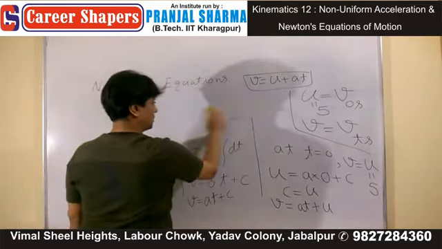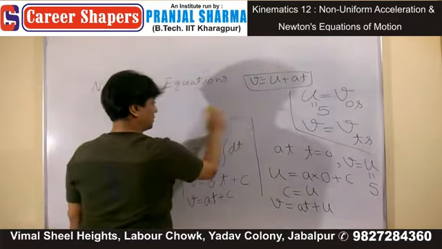Now let's see the development of the second equation. We have got v, which is u plus at. The format is something like this: v equals 5 plus 8t. 5 is what? u, just for example. 8 is what? a.